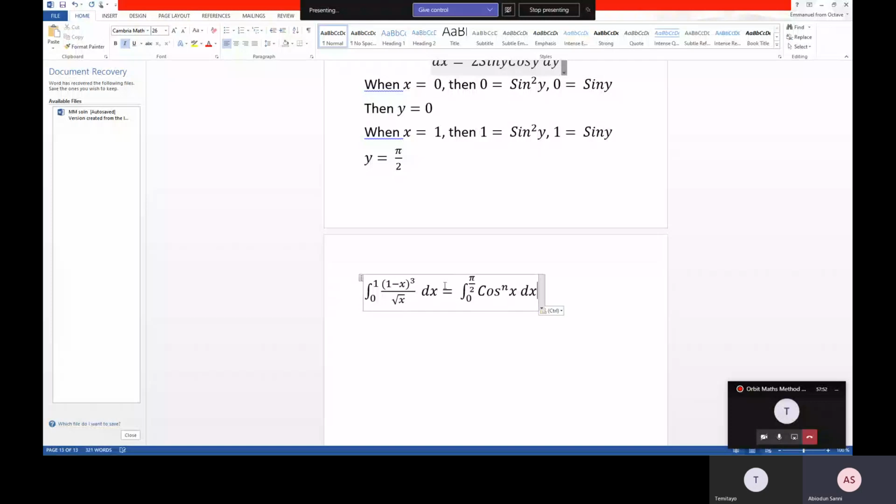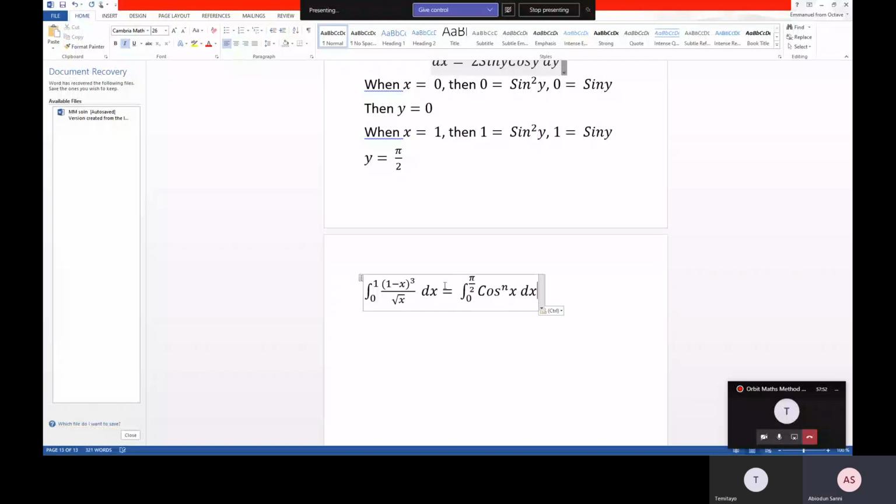Now our lower and upper limits change from 0 to 1 to 0 to pi over 2, because when x is 0, y is 0. When x is 1, y is pi over 2. So 1 minus x, what's my x? sin square y. So I remove this and put sin square y. Then square root of x, what's my x? sin square y again. Then I'll replace dx with this. So remove dx and replace it with this.